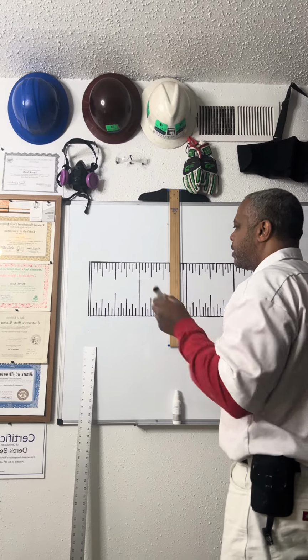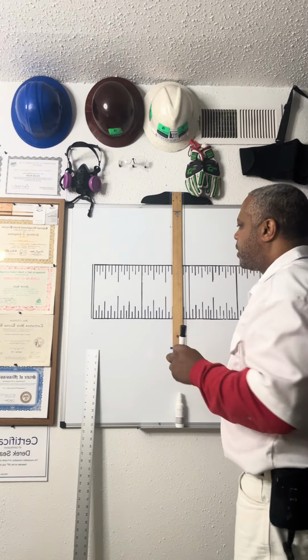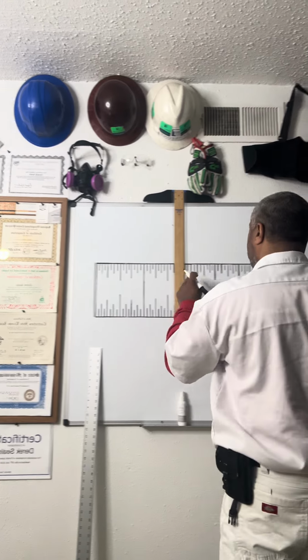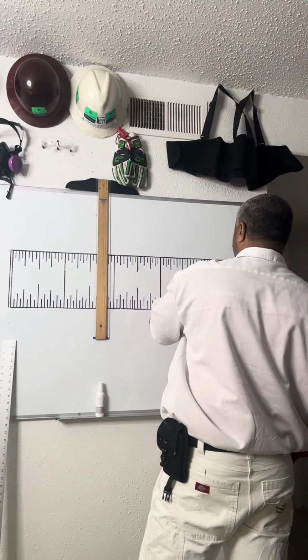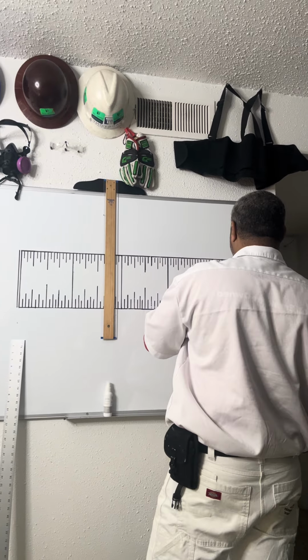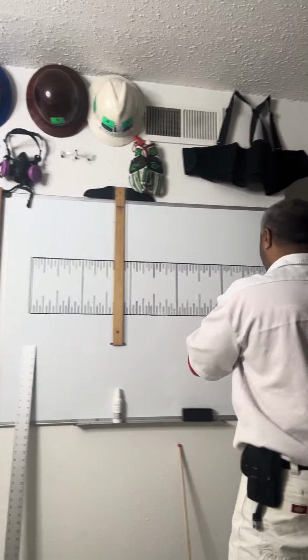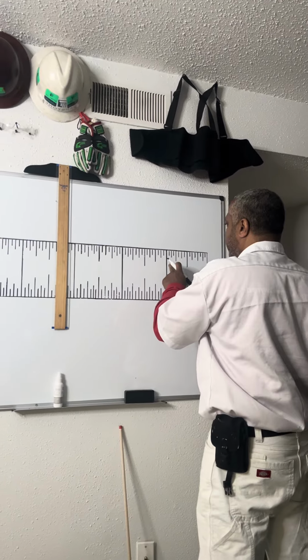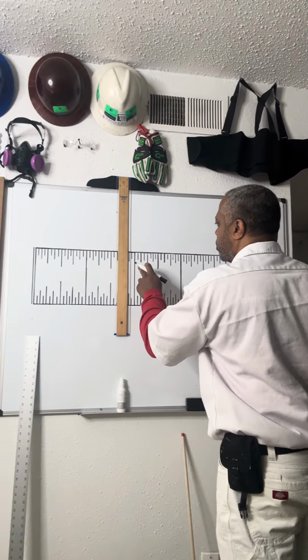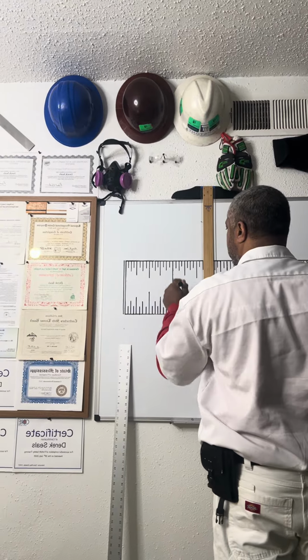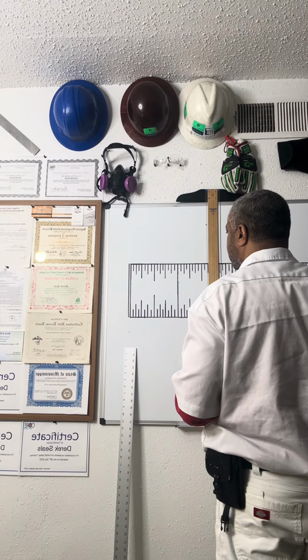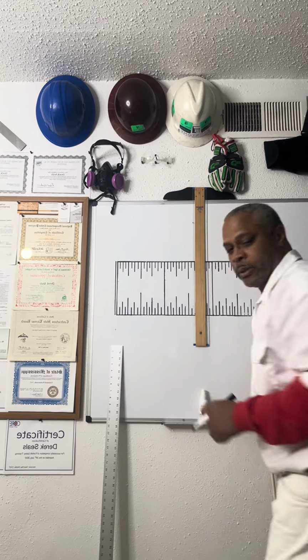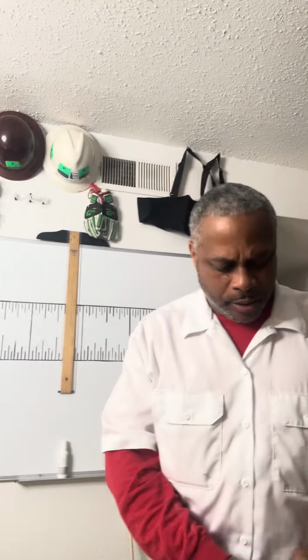Now this is pretty much 1, 2, 3, 4. The way it looks might be 5, 4, 3, 2, 1, just like on a measuring tape.